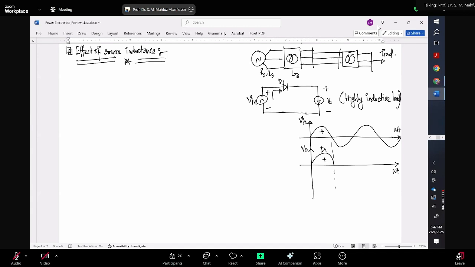Now, since it's a current source, meaning you have actually a high inductance connected to it, what will happen if the voltage changes its polarities?